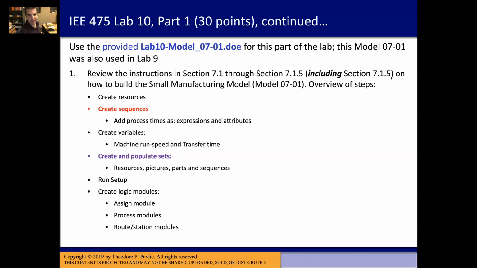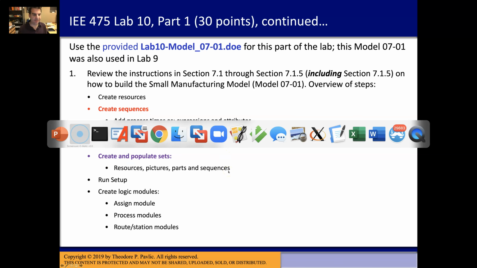Take a look at that and familiarize yourself with the way this manufacturing system model works, with the station transfers, specifically with how sequences work. And so there's sequences and sets.